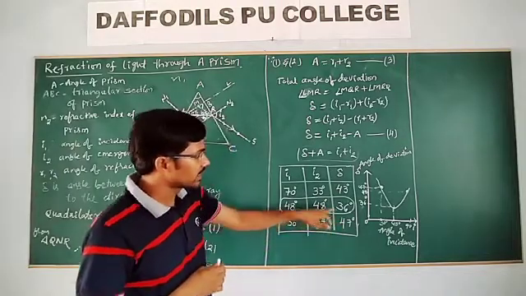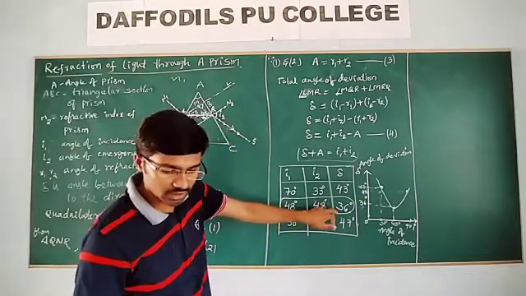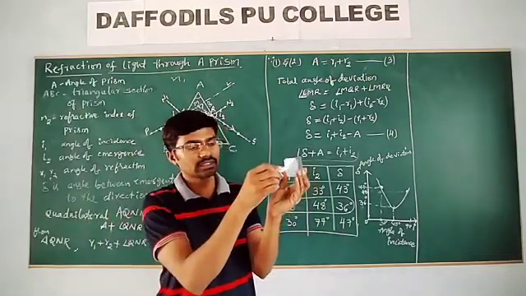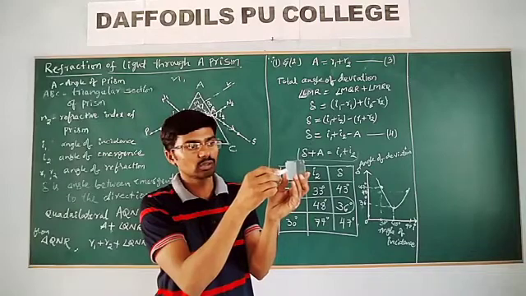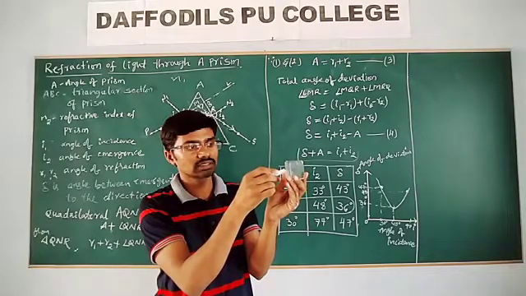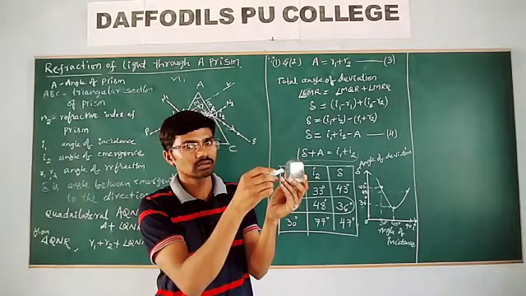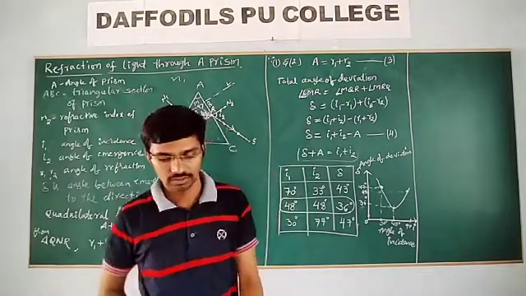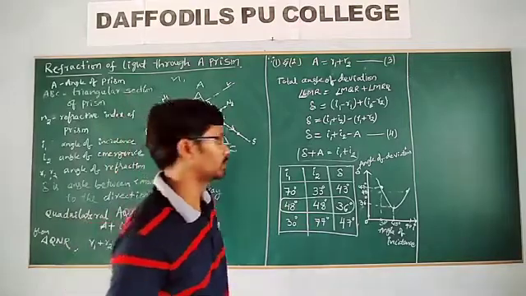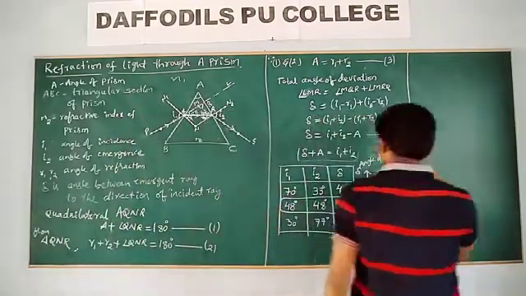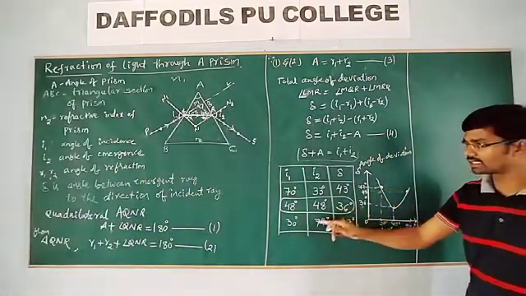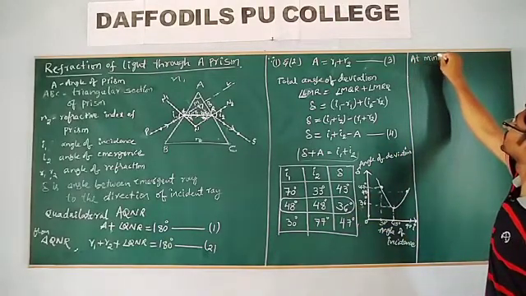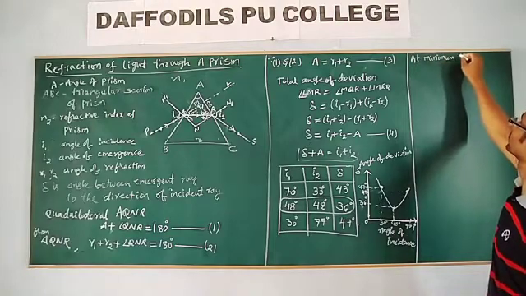That means at the minimum deviation position of the prism, if you take the light ray incident and slightly rotate it, the angle of incidence increases and again increases, so the deviation first decreases and again increases. Meanwhile, it becomes minimum.